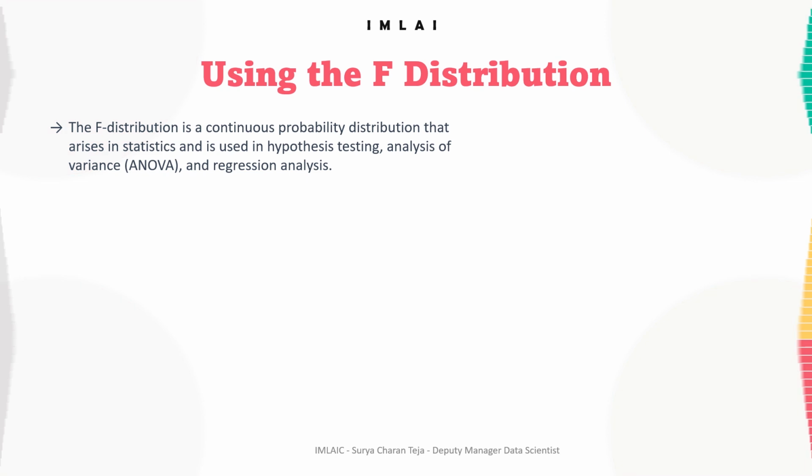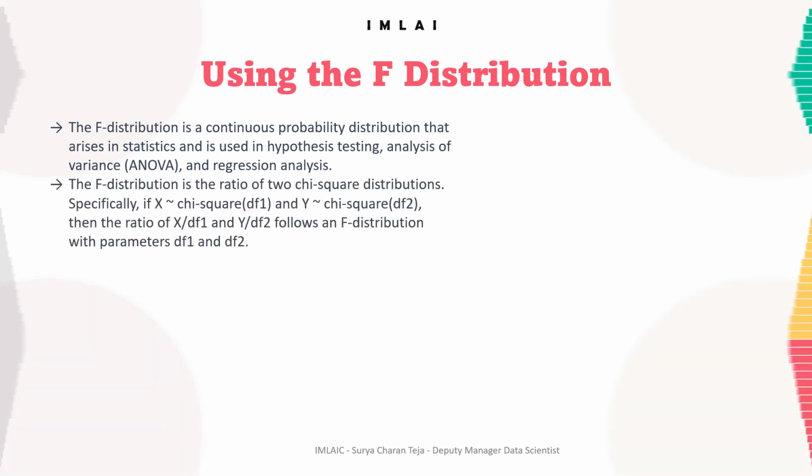The F distribution is the ratio of two chi-square distributions. Specifically, if x is chi-square with degrees of freedom df1, and you have another variable, another sample or another population, y, with chi-square of degrees of freedom df2, in total you will have two chi-square values.